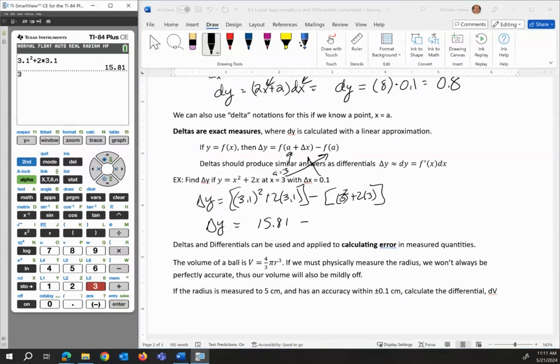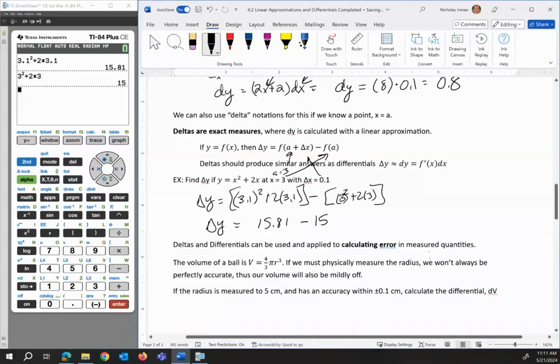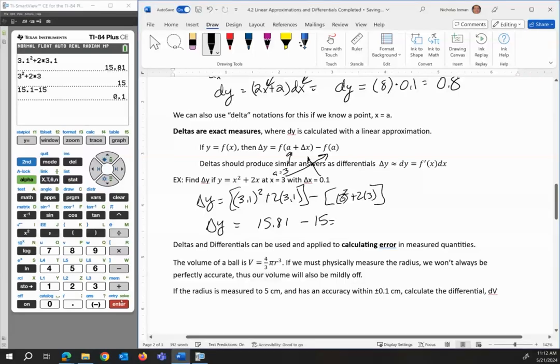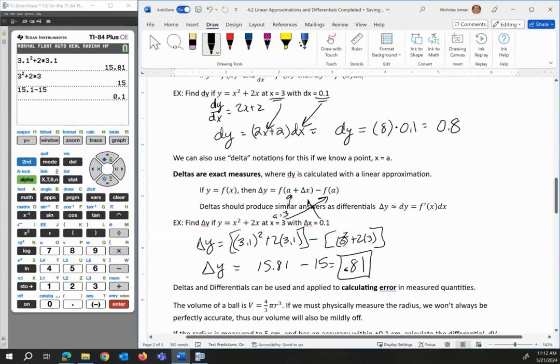If we plug in 3, we're at 15. 15.81 take away 15, I didn't type that in right, but it's 0.81. So a delta is the exact difference between a function's values when you move x. So the exact distance is 0.81. Our differential that we calculated using approximation was 0.8.